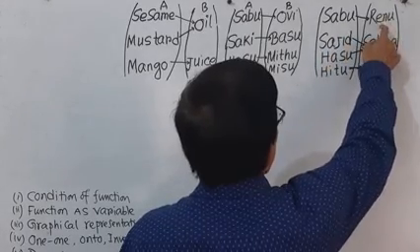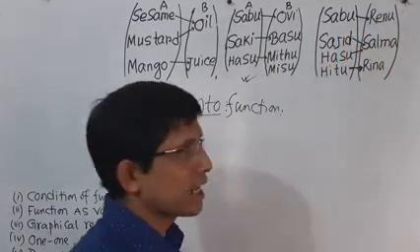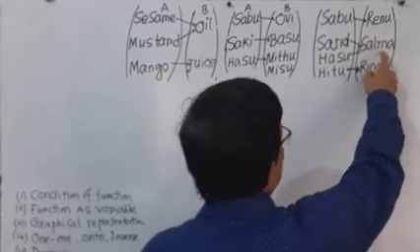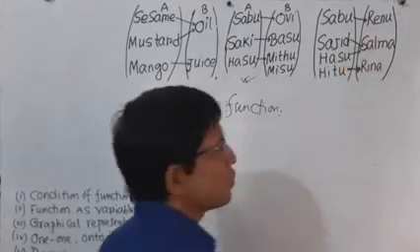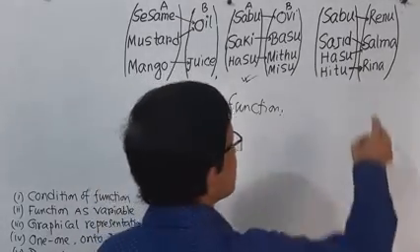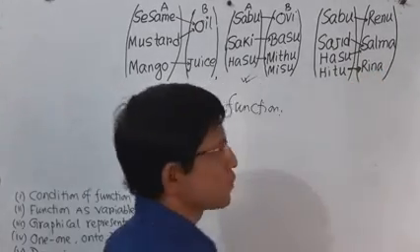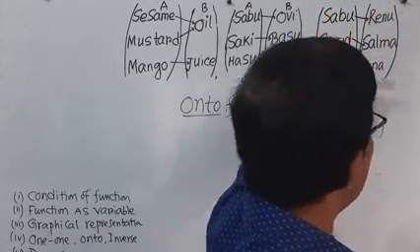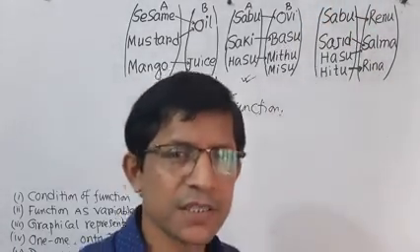Renu is the image of Shabu, Renu is a range. Salma is the image of Shajid, Salma is a range. Salma is also the image of Hashu. Rina is the image of Hitu, so Rina is a range. So here there are three ranges, Renu, Salma and Rina. This is the set of ranges.